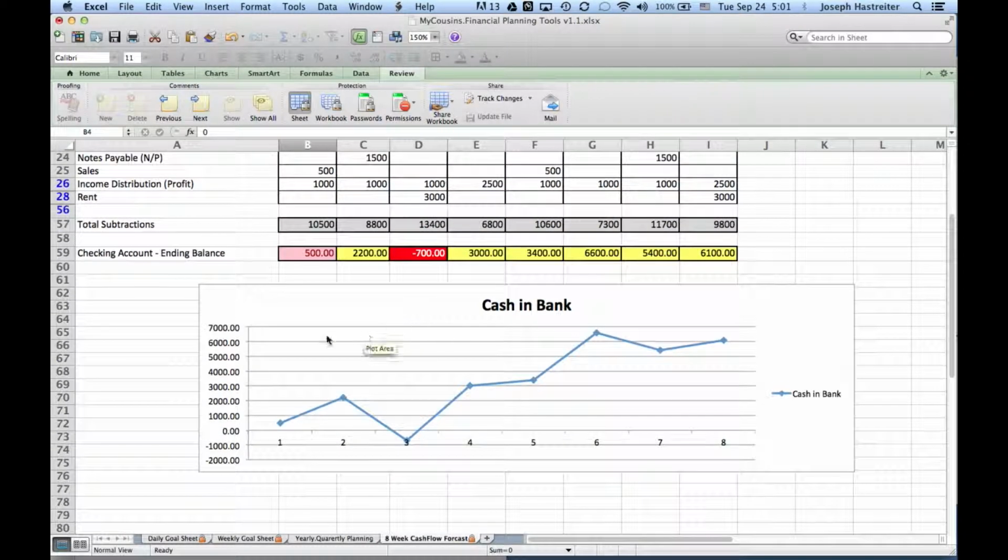Also notice down here, this is going to be visually your ending checkbook balance on a graph. So you can see the fluctuations as you go from weeks 1 through 8, and ideally this will be climbing, or at least hopefully it's flat or consistent.